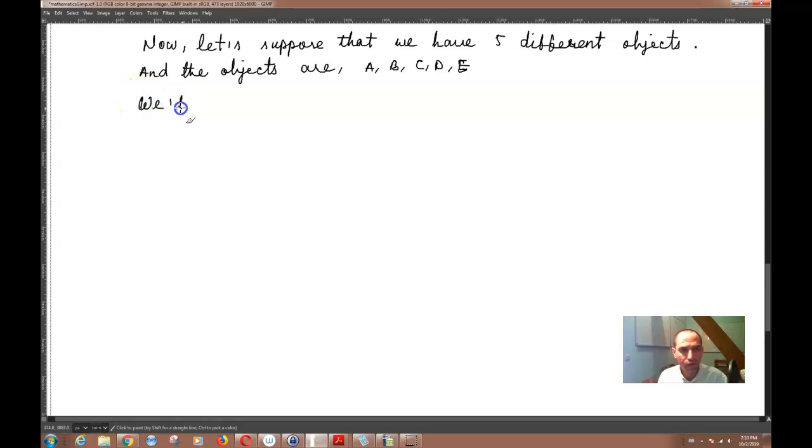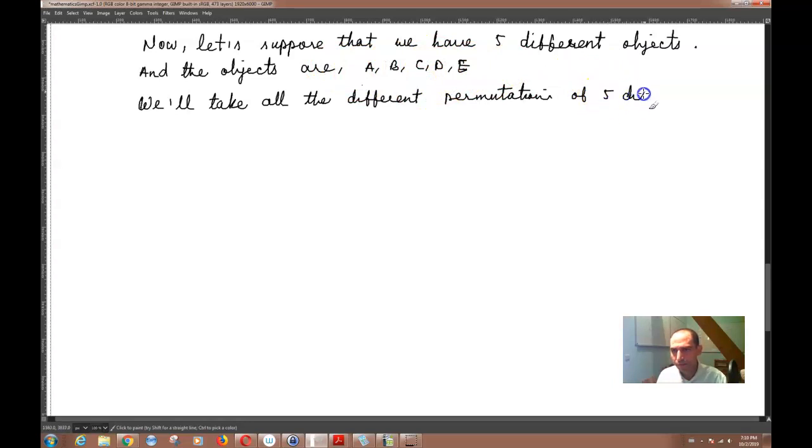We will take all the different permutations of 5 different objects taken 3 at a time.